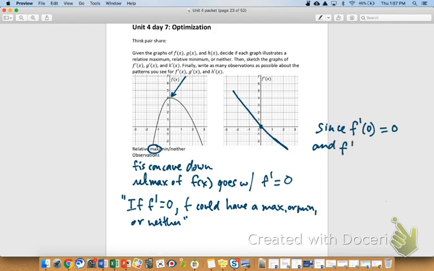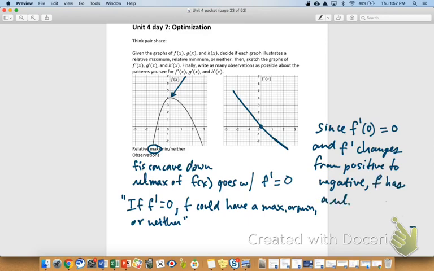What leads us to a relative maximum? Ooh, there we go. If f prime changes from positive to negative. Since those things are true, f has a relative max at x equals 0. Nice work. A number of you contributed on that one. That's pretty good. Put in some good things there.